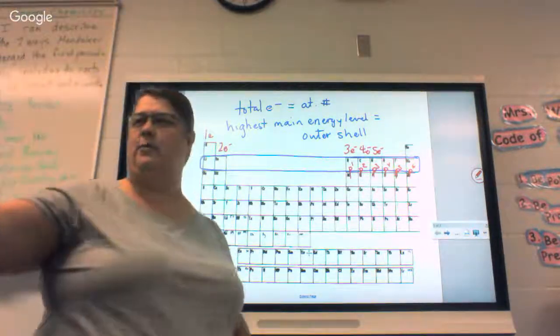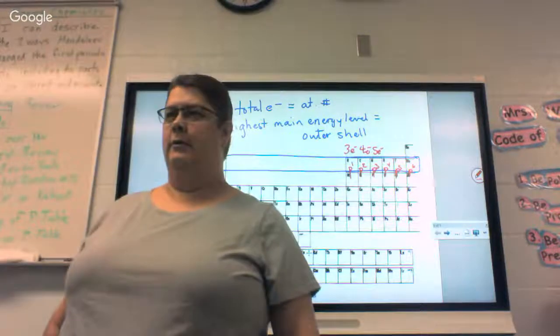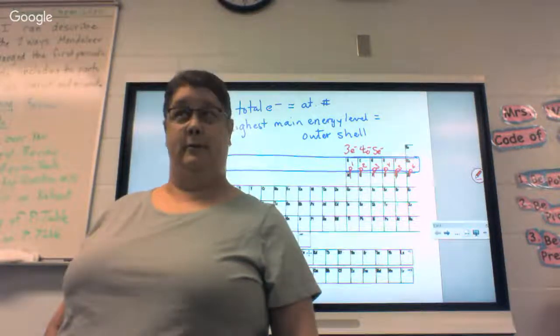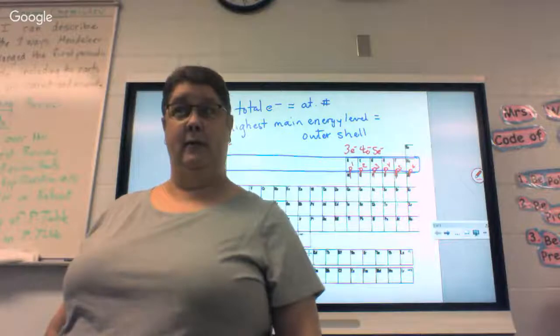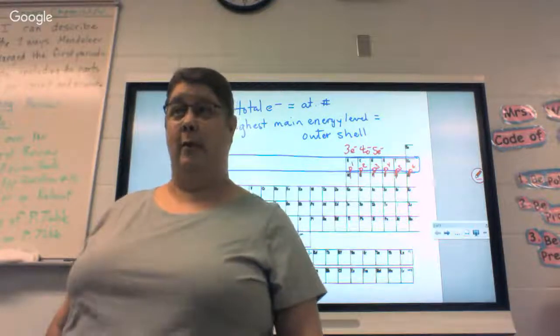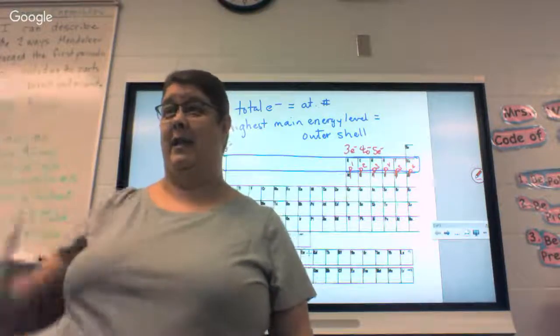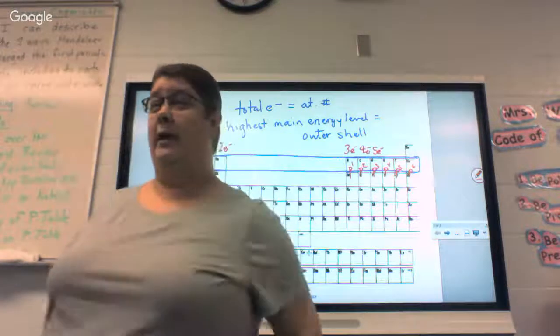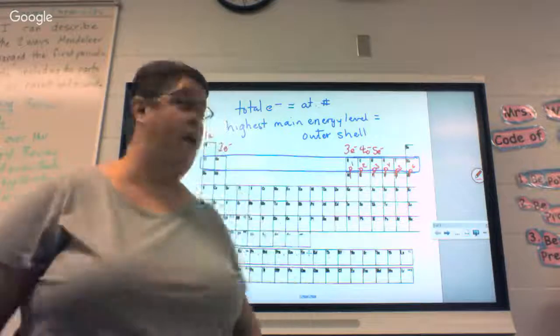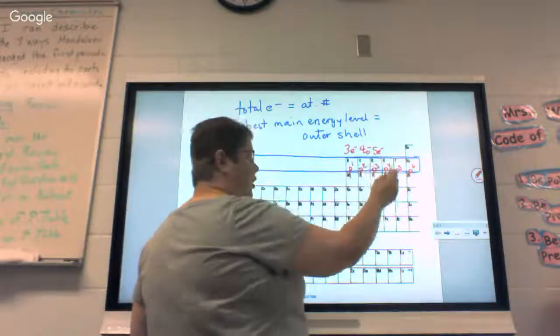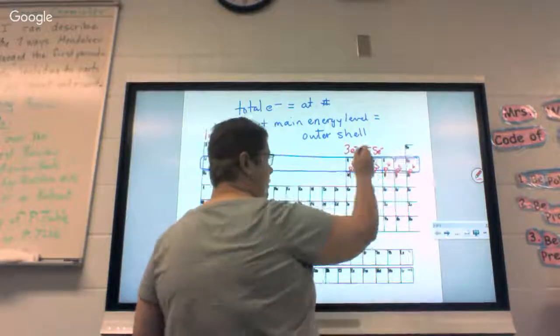P, how many fills P? Ethan, how many fills P? A p sublevel. How many electrons will fill a p sublevel fully? All right, what's half of 6? So where is P3 in that orbital? Right up here, look. P1, look here, second period.